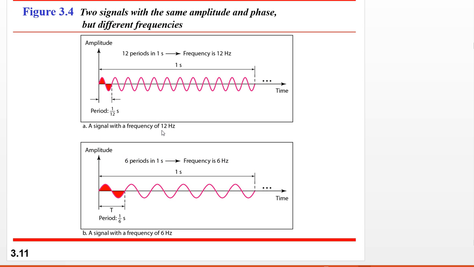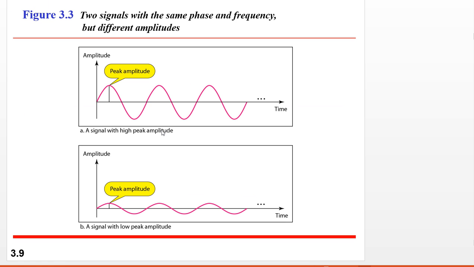Fine. So now you can see two signals with the same phase and frequency but different amplitude in the first diagram. See, the frequency is the same for both waves. Correct. And the phase is also the same, zero phase if you call it; it starts from the same point. Here also it starts from the same point.